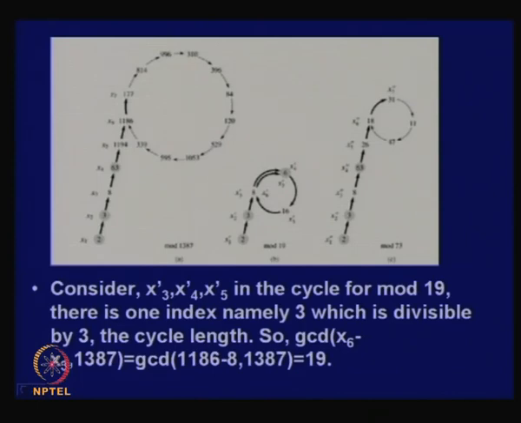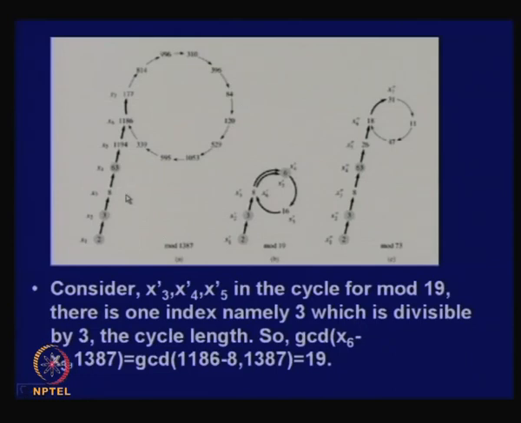So, if I compute x6 minus x3 and take the GCD with 1387, I should get one non trivial factor, which is indeed the case here. I compute the GCD of x6 minus x3 with 1387 and I get 19. To compute x6 and x3, I do not need 19, because they are computed modulo 1387.